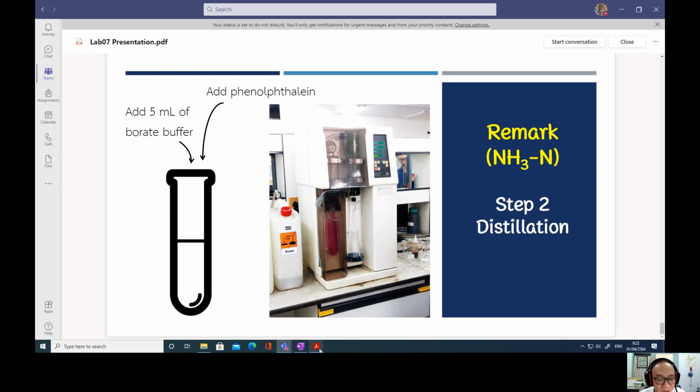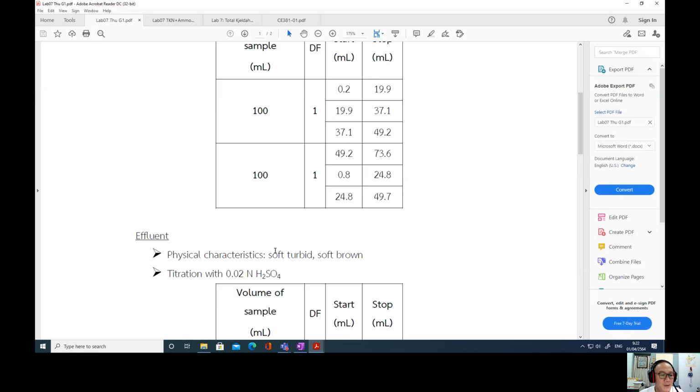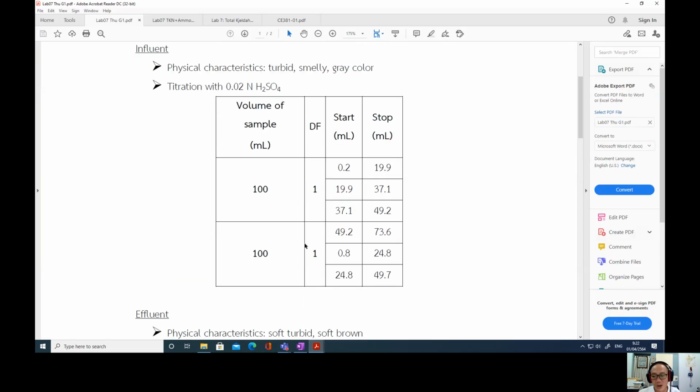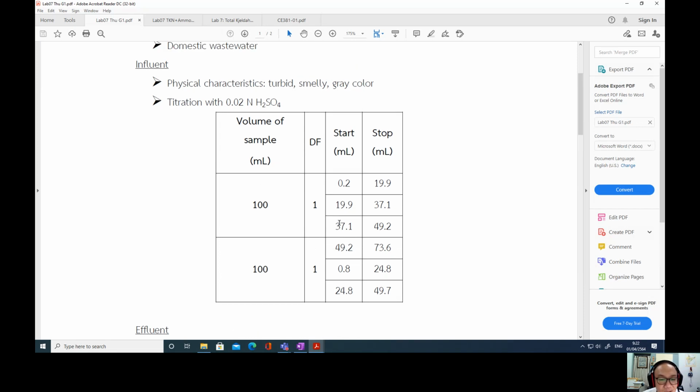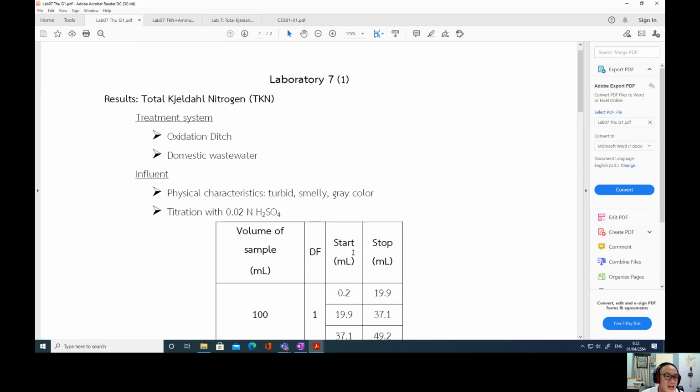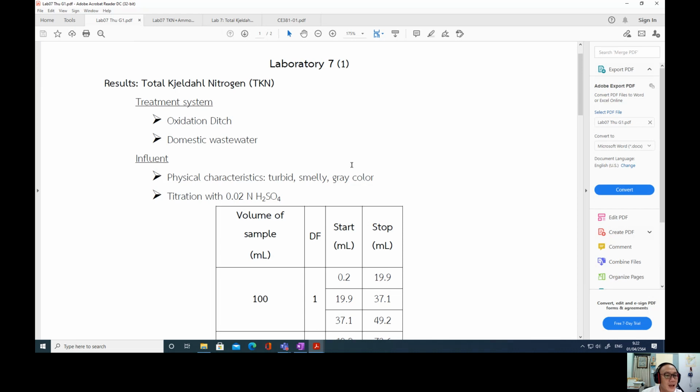Then we just have a look at the results that will be distributed to you by 3 o'clock today. The results will be something like this. Samples were collected from various sources, influent to the wastewater treatment plant and also the effluents from the treatment plant.